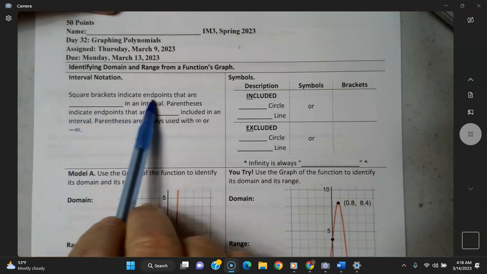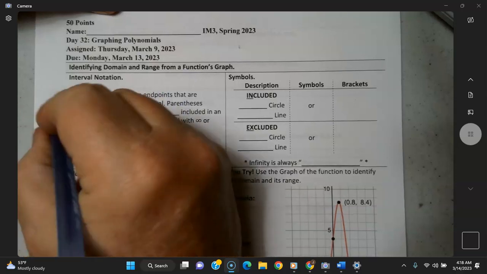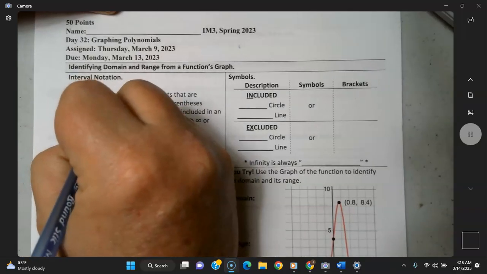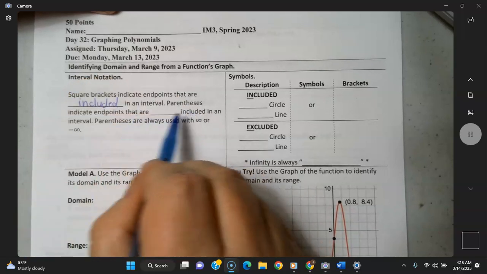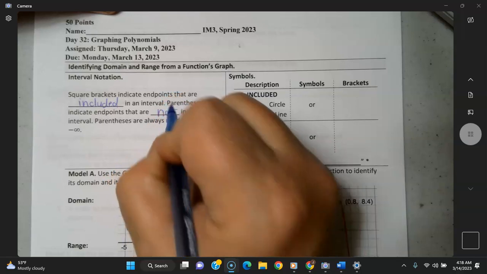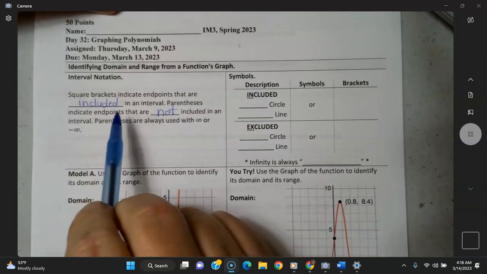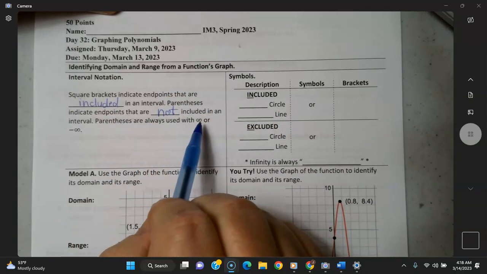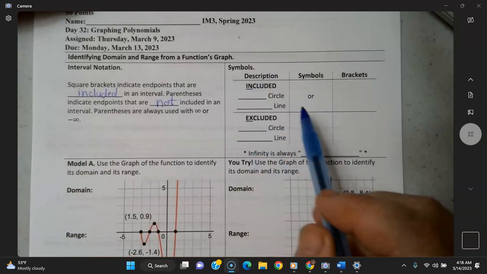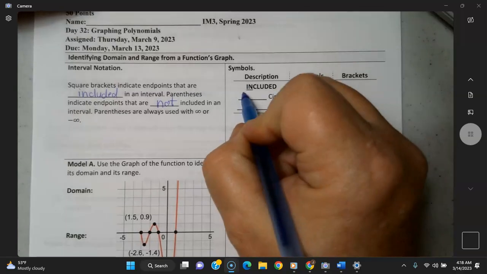So square brackets indicate endpoints that are included in the interval. Parentheses indicate endpoints that are not included in the interval, and parentheses are always used with infinity and negative infinity. Okay, so over here are symbols. Included is a closed circle.